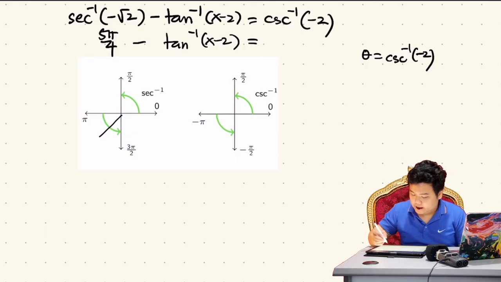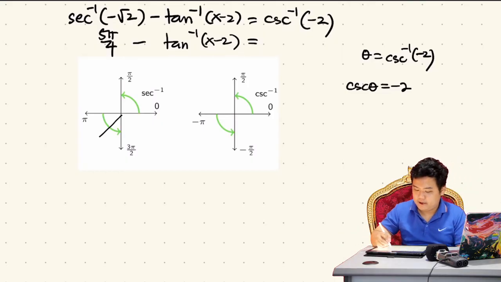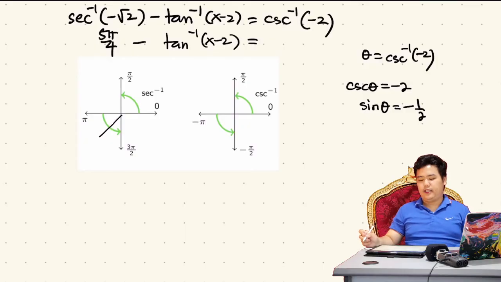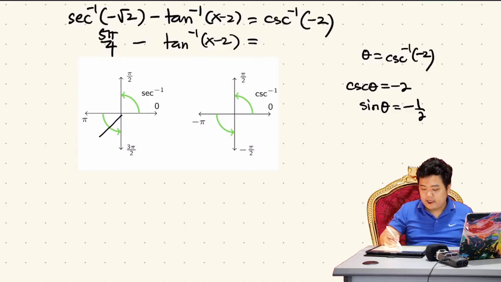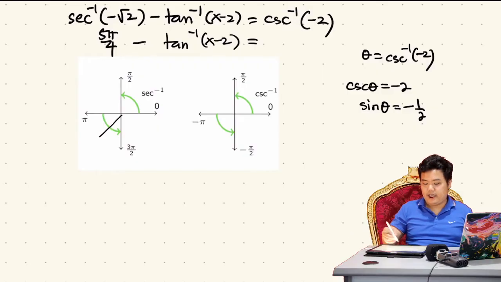Okay, so kunin natin ang cosecant of both sides. Hindi tayo sanay sa cosecant, kunin natin reciprocal para maging sine. Reciprocal of both sides, negative 1/2. So, ang tanong, which angle sa dalawang quadrants na ito will make sine theta equal to negative 1/2. So, sine is negative, nasa quadrant 3 dapat siya.